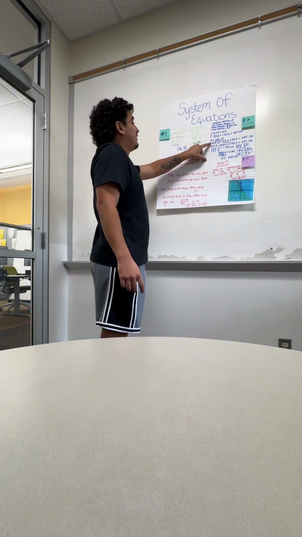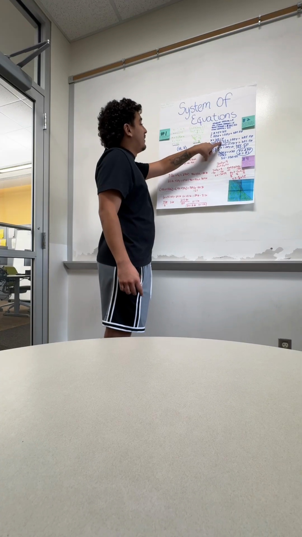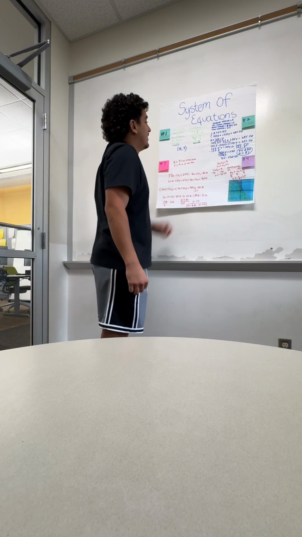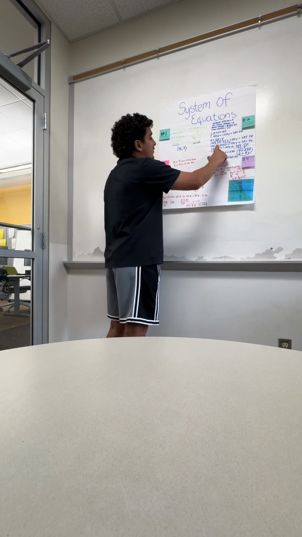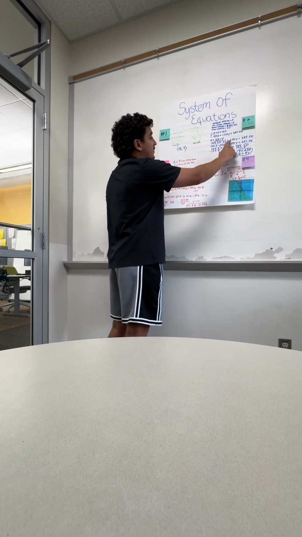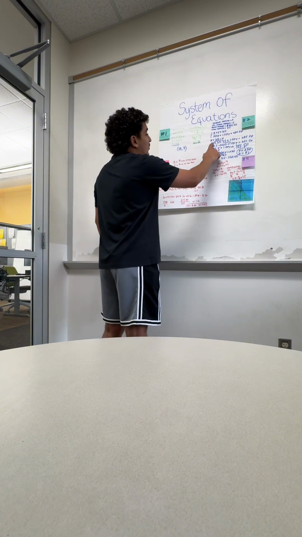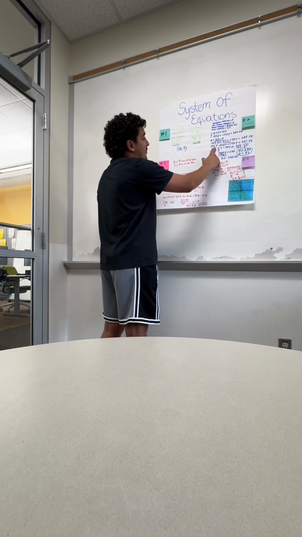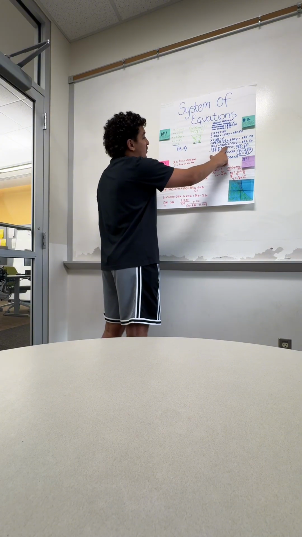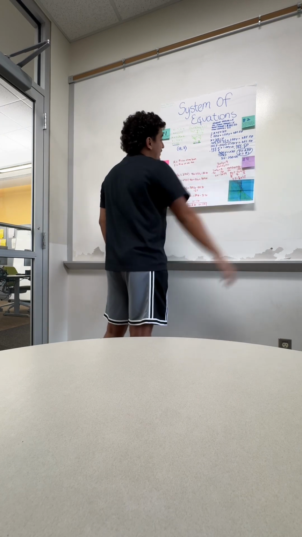So from the first equation, we will be plugging x equals 311 minus y into the second equation. So it would be 0.50 parentheses 311 minus y close parentheses plus 1.50y equals 385.50. So we multiply, and it'll be 155.5 minus 0.50y plus 1.50y equals 385.50.